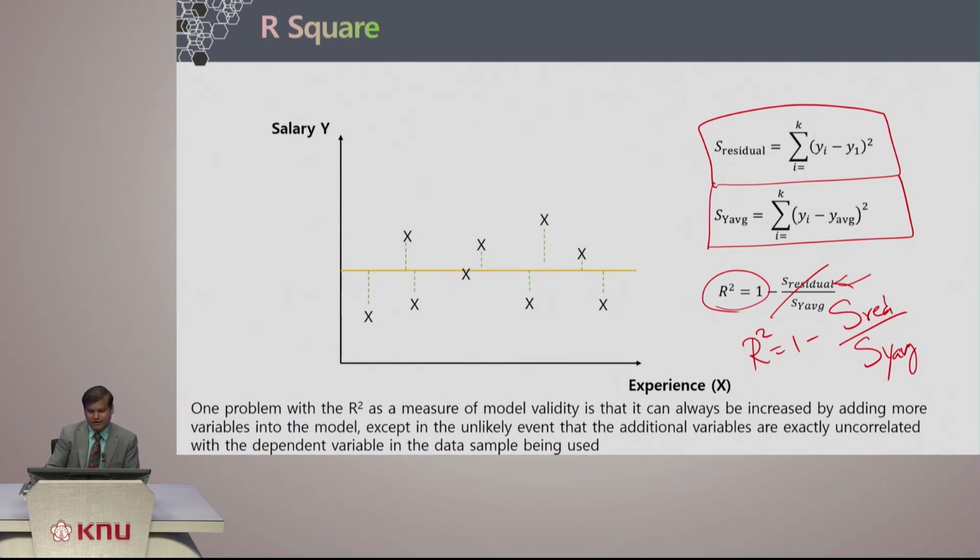What makes this negative is that if this residual over the average term is greater than 1, then R square becomes negative, which means the numerator should be greater and your denominator should be less. So that's a very tricky model. As you can see, the actual trend of the data distribution is quite different when the result appears to be negative. We have to be careful with that.